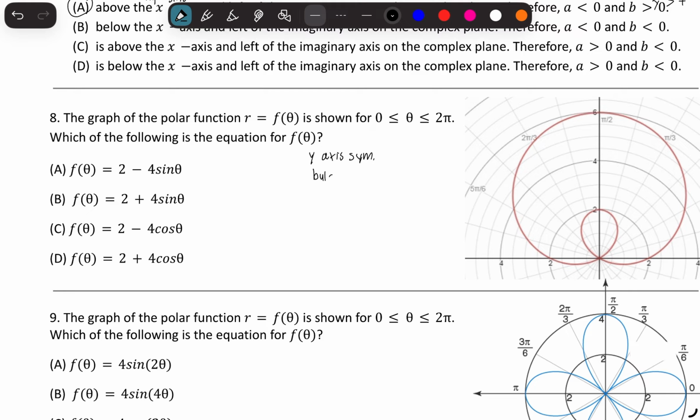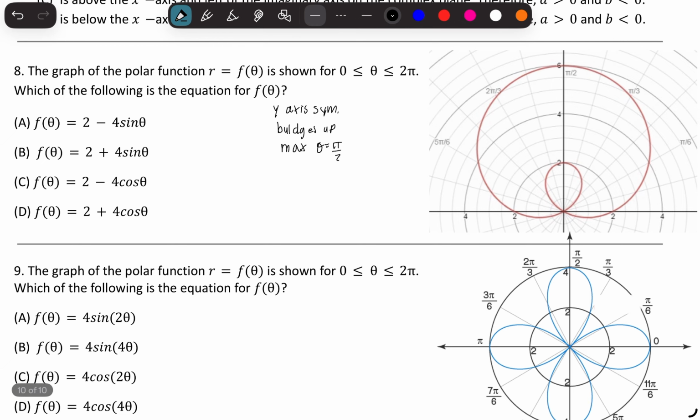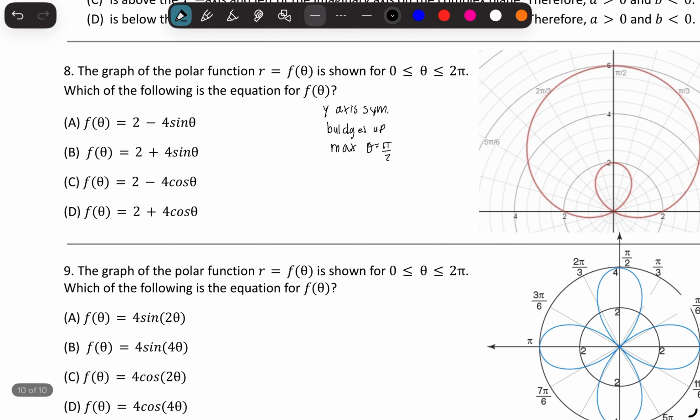It also bulges up and has a max at theta equal to pi over 2. Now if we test sine versus cosine, we know sine is going to be symmetric about y, so this has to be a sine graph. And we know that cosine is symmetric about the x-axis, so it's not that.